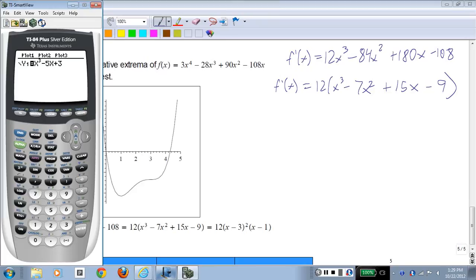So look at the graph. Really don't need the 12. I'm just concerned with the zeros of the x cubed minus 7x squared plus 15x minus 9.